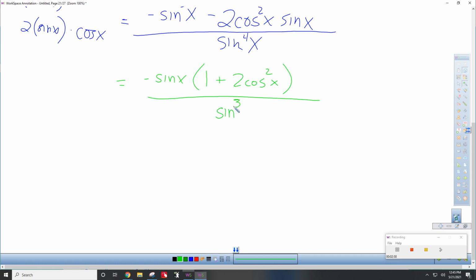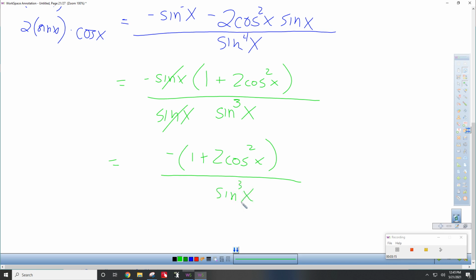Here, watch this. Sine cubed of x times sine of x. So bam, bam. So now you're left with negative 1 plus 2 cosine squared x all over sine cubed of x. And I think that's about the best you can do with that question.